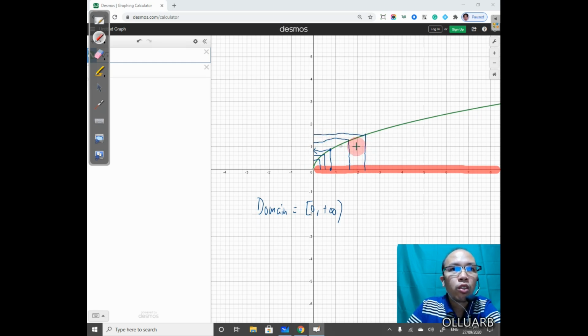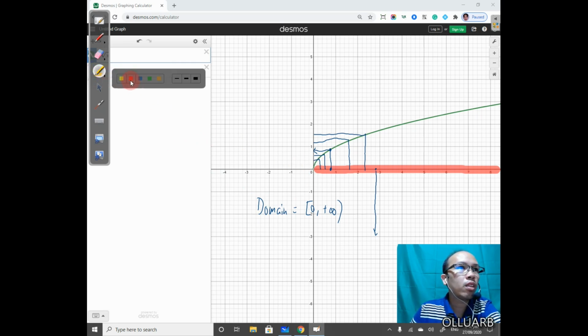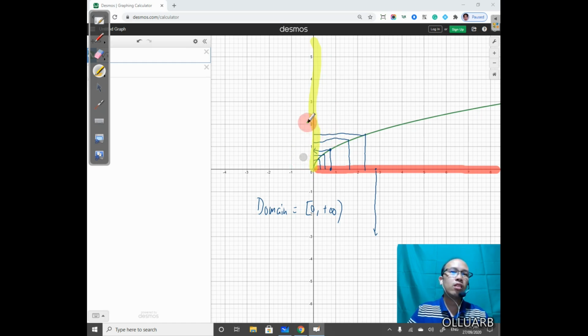If you project your values downward, you cannot find a graph here. There's no graph in this area. So it suggests that the range will start from this one. These are all the values of your y. This is our range.